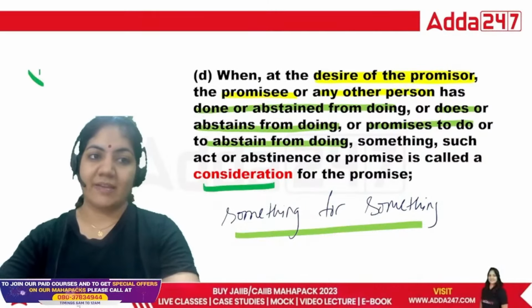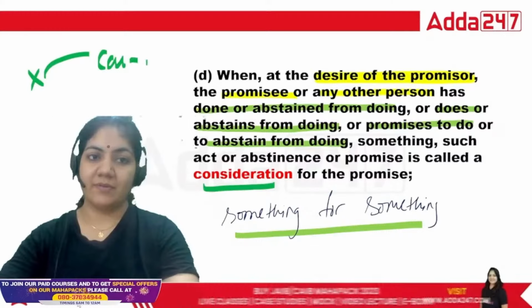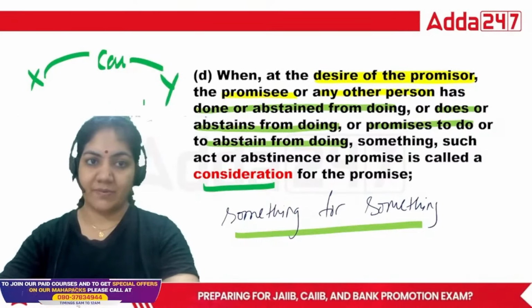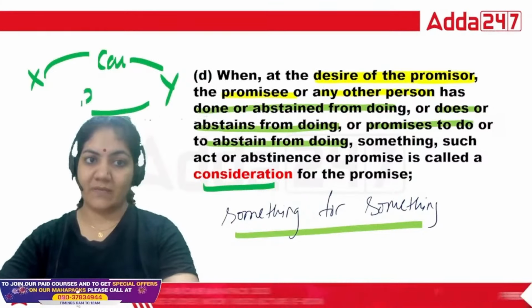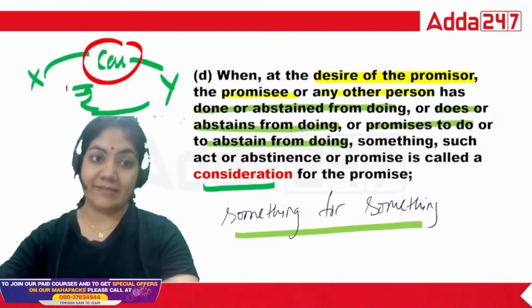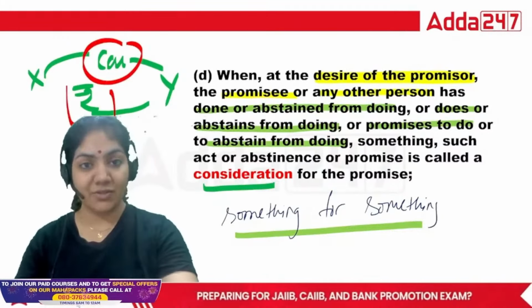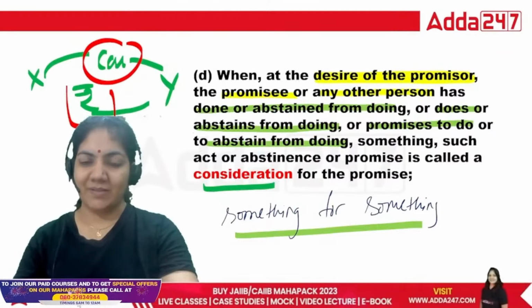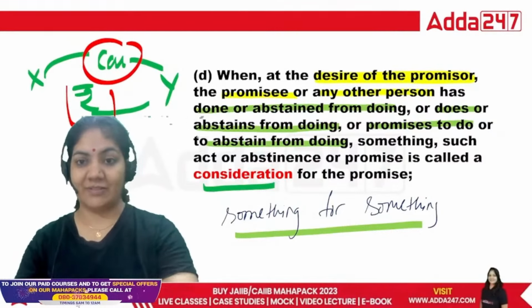Okay, X wants to sell a car to Y. X is sending the car to Y and Y is giving money for that. So this car and this money are the consideration in this contract. This is the exact definition.